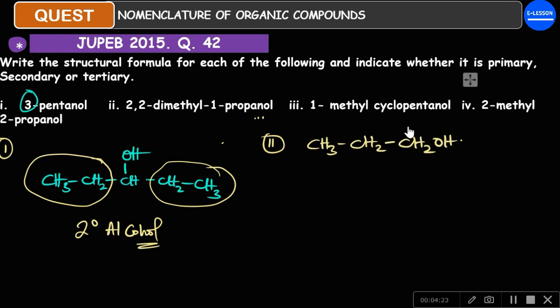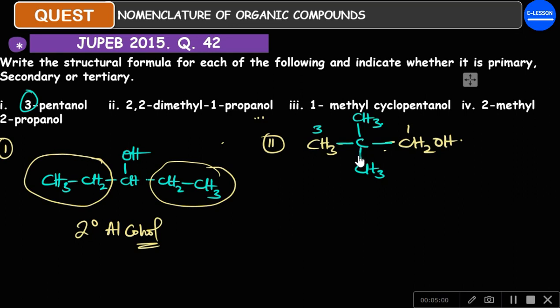If here is position number 1, here would be 2, here would be 3, right? So it means 2,2-dimethyl: at position number 2, you have 2 methyl groups attached here. That is the meaning of 2,2-dimethyl. So we can come here and put CH3 here and CH3 here. So this is 2,2-dimethyl-1-propanol.